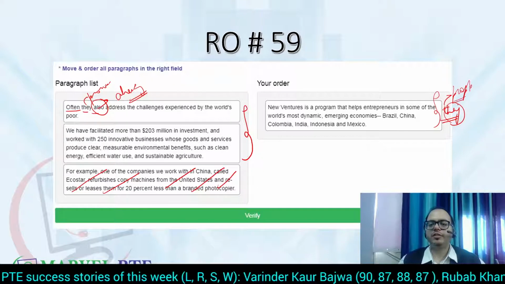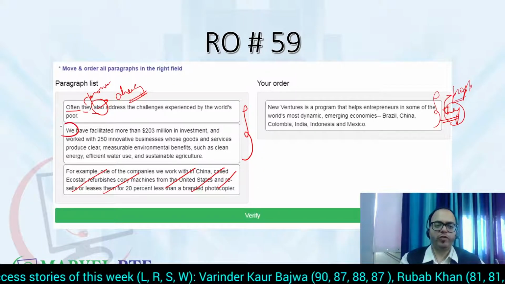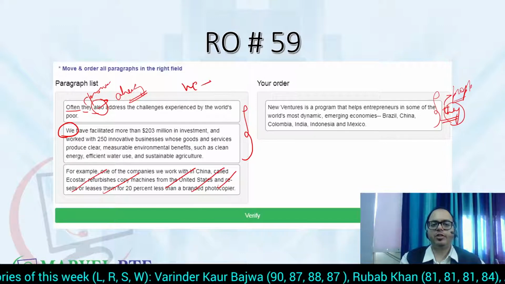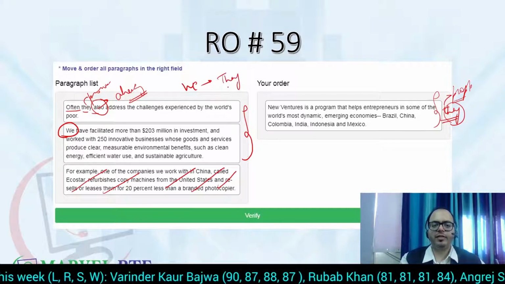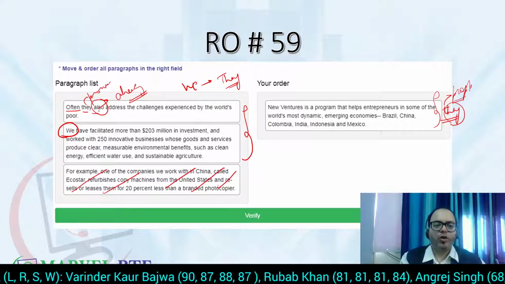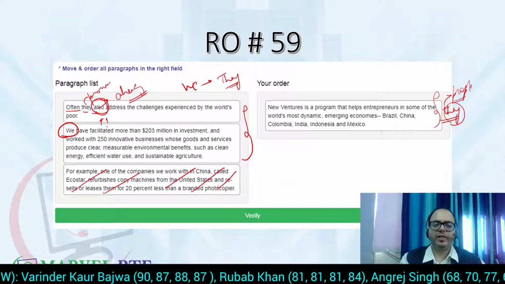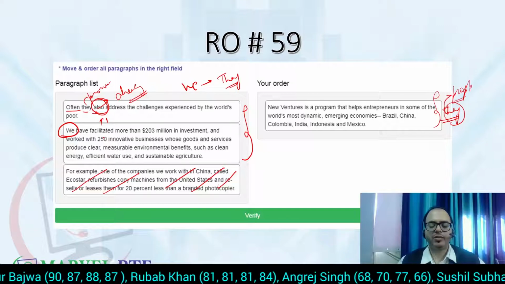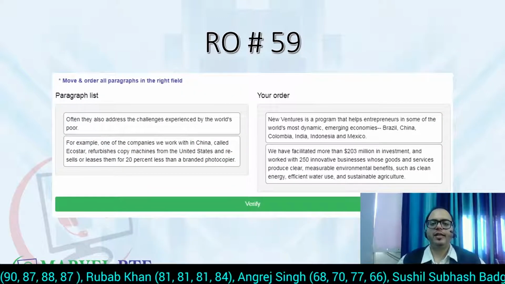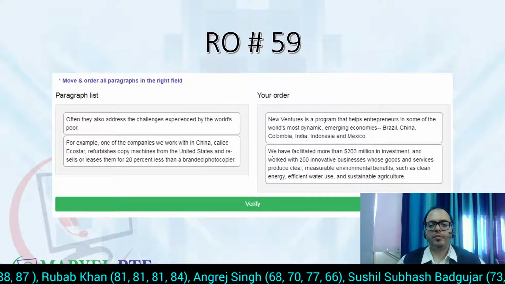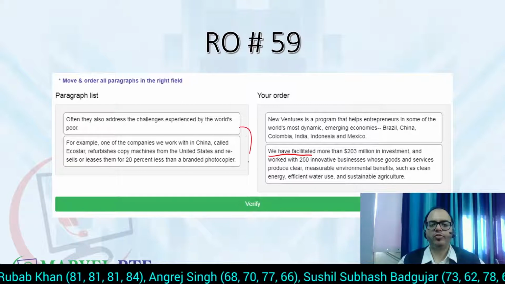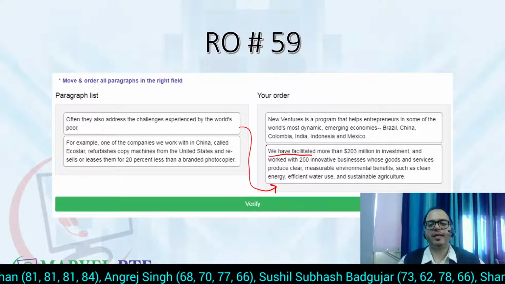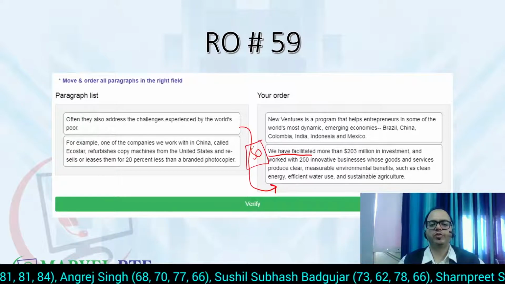So where is it given over here? "We." First you mention "we," after that you can mention "they." And also, right? "Also" means you are already mentioning and building something, only then does "also" come. So now you know the pair: first you will place "we have," and after that "also" and "they" will come here. This is as per our SO strategy. Okay.